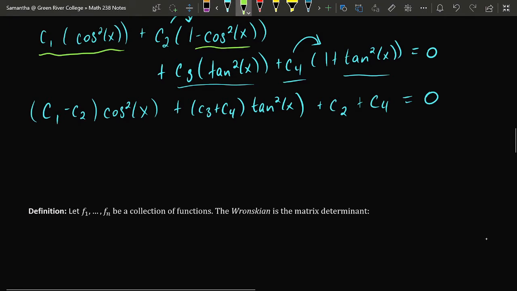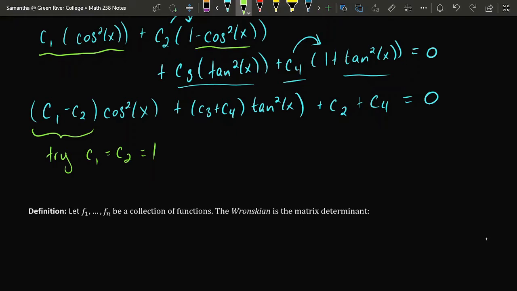Now, I think in this case, probably the best way to actually find these values of C1, C2, C3, and C4 without using linear algebra is just to do some guessing and checking. For example, if I want to kill this cos squared term, I can make C1 the same thing as C2. So maybe I'll try C1 equals C2 equals 1.